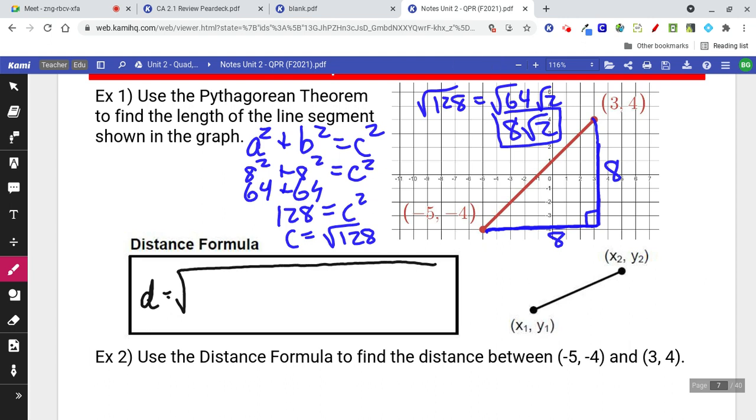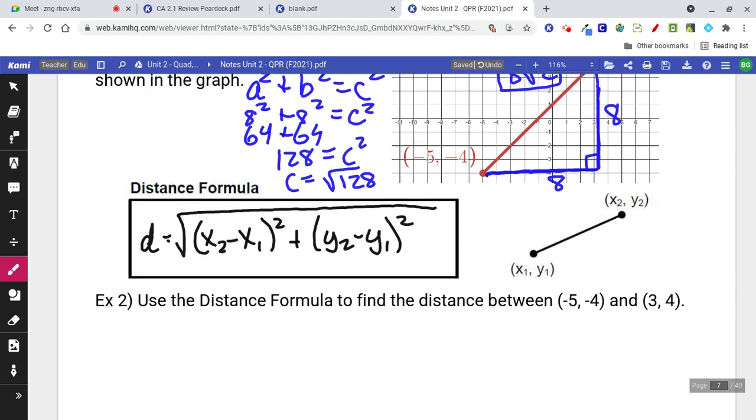D for distance equals the square root of x2 minus x1 squared plus y2 minus y1 squared. Notice all of that is underneath the square root. Notice those subscripts, x2, x1, y2, y1. Those are just x numbers and y numbers.